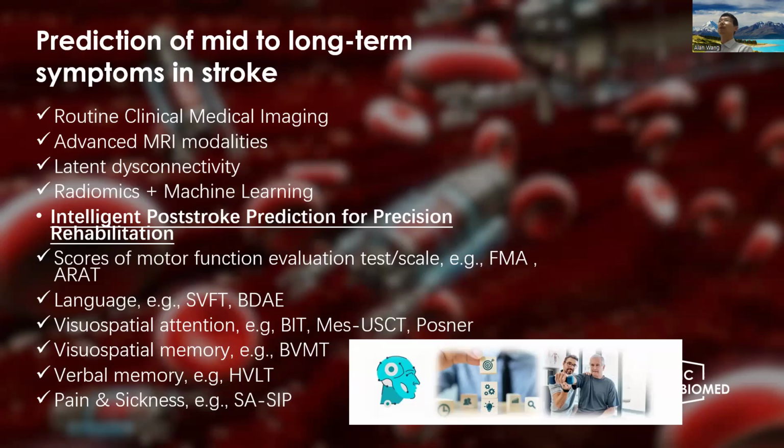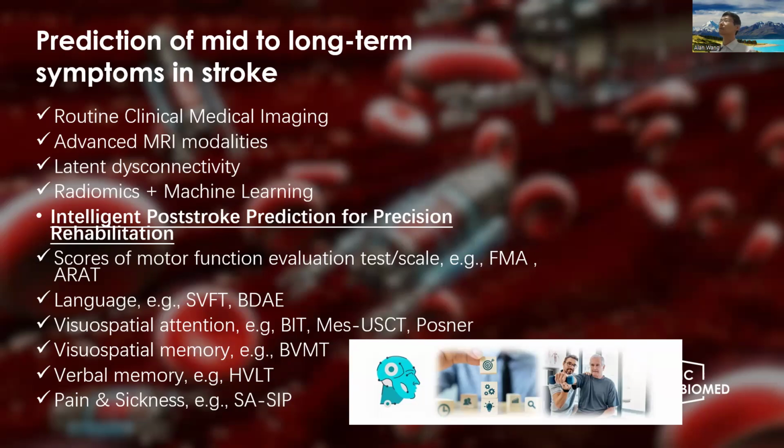So the current prediction mainly focuses on the mid to long-term symptoms of stroke. We are currently working, based on the advanced multimodal MR data and other available information, to predict other scores, for example, scores of the motor function, language capability, and visual spatial attention.